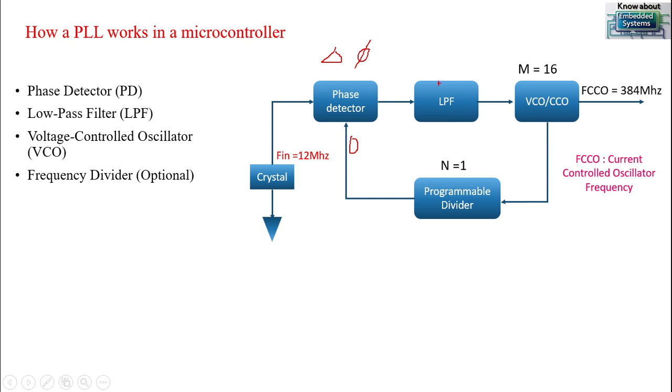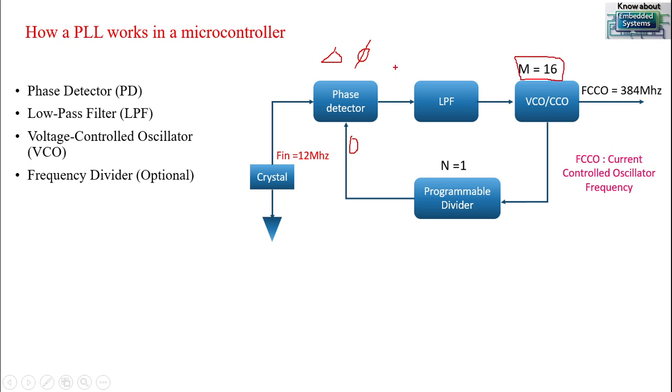So what will this low pass filter do? The low pass filter will consider only low frequency signals, nothing but the differences. According to the difference we got, it is going to generate a new value or a new multiplication factor, called M here.